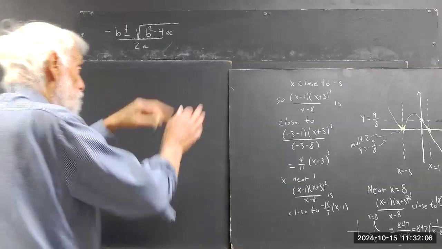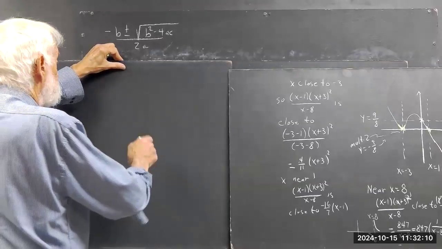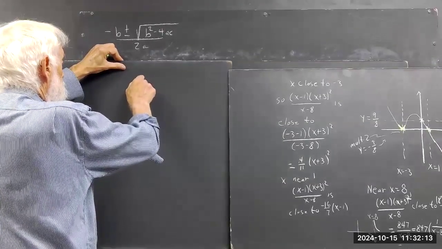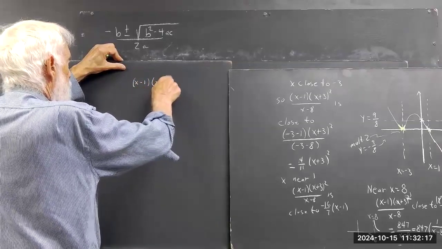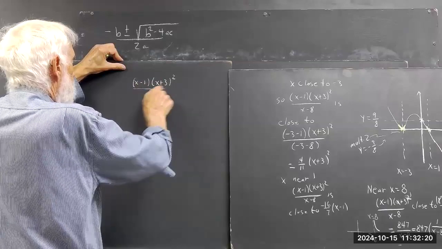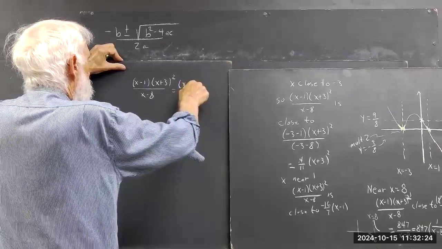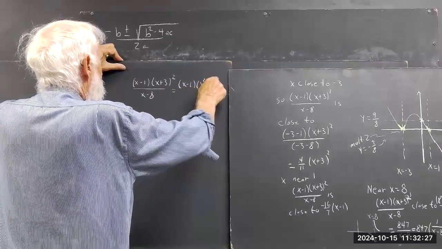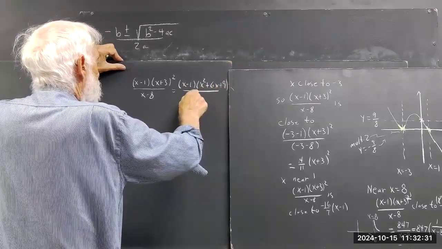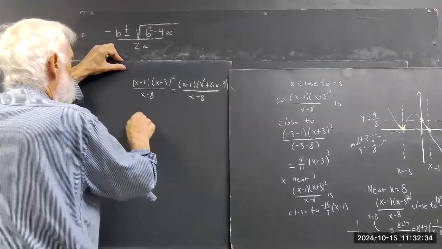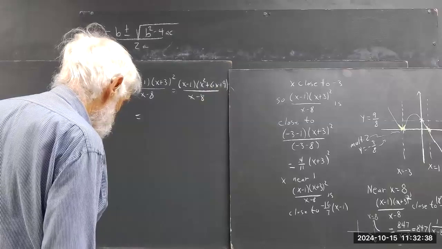You can look at this polynomial if you multiply it out. You can square this, you get x squared plus 6x plus 9.